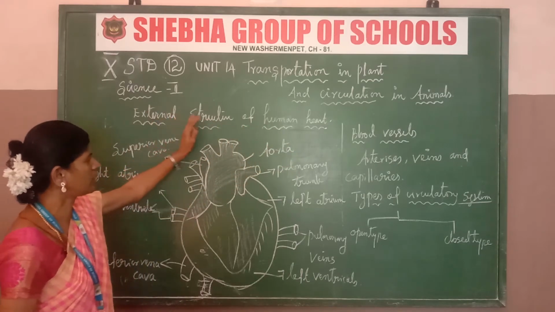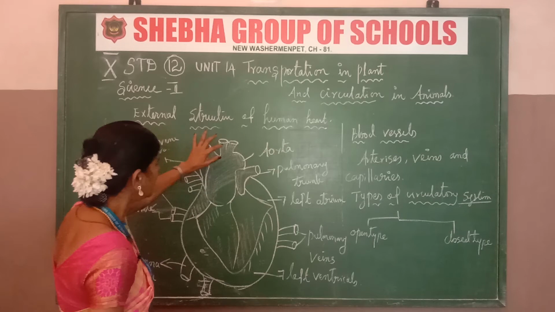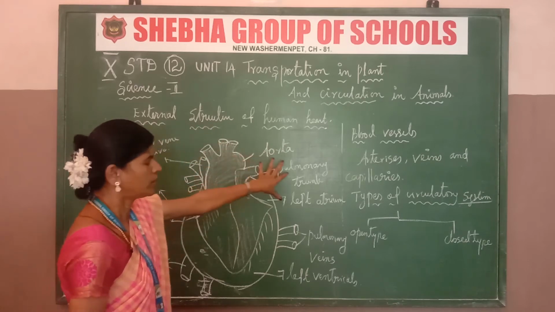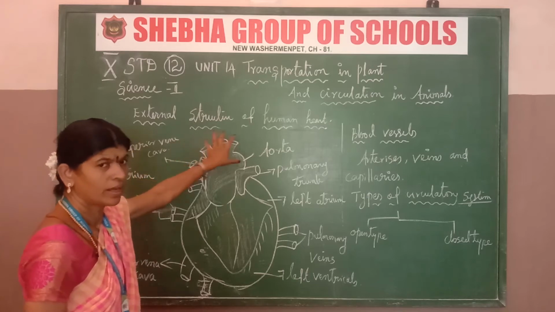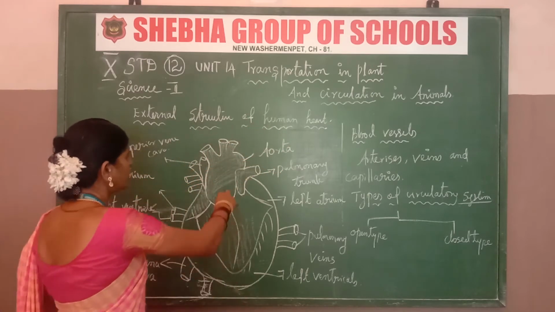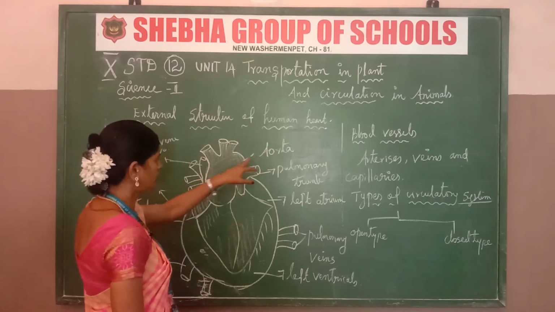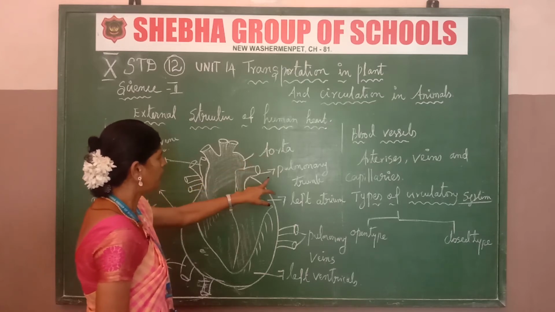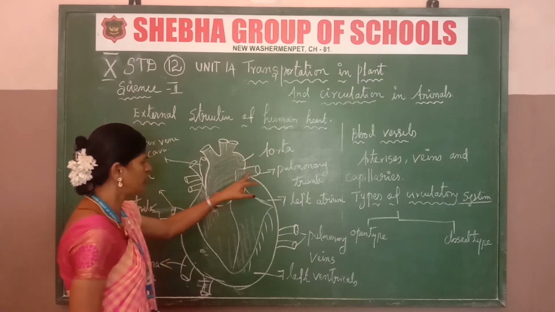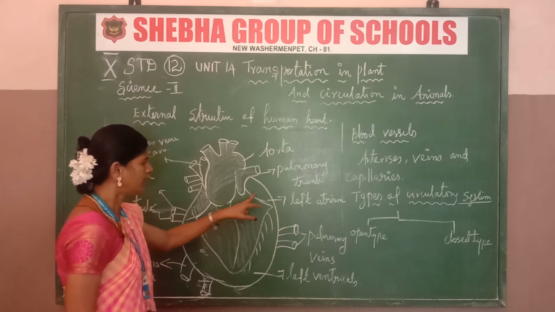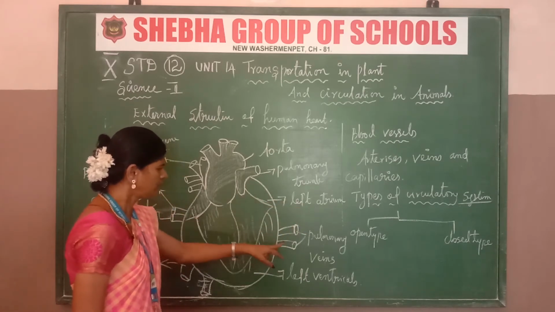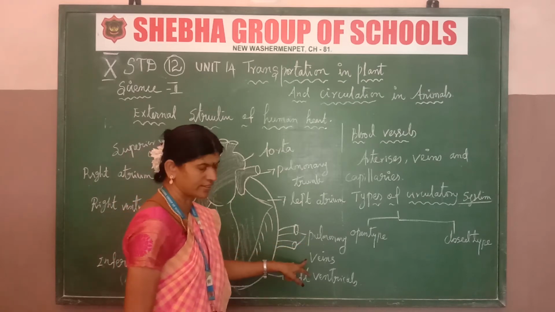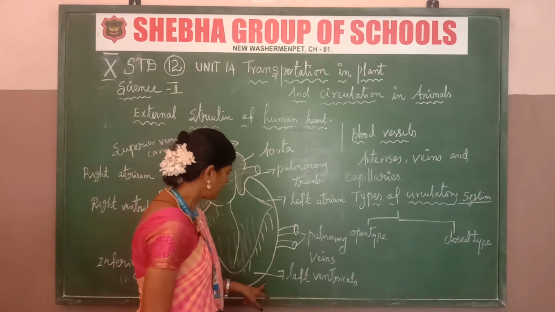External structure of the human heart. I draw the diagram and label the parts only. Next class, how the heart functions, I will explain in detail. Okay, first aorta. The top of this is aorta, then the pulmonary trunk. Left atrium, below that pulmonary veins, and then left ventricle.